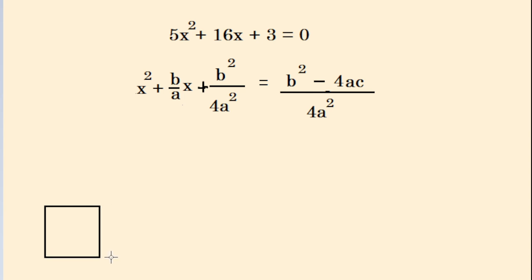Like, if this is x, the small square on the top, this one, is gonna be b squared over 4a squared. So we need to square root that and square root that, and we get the number.